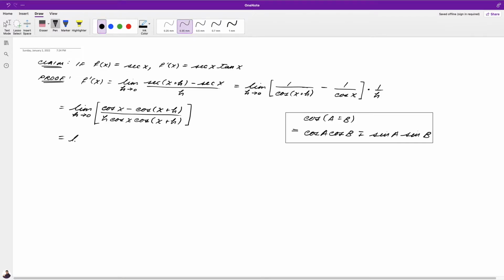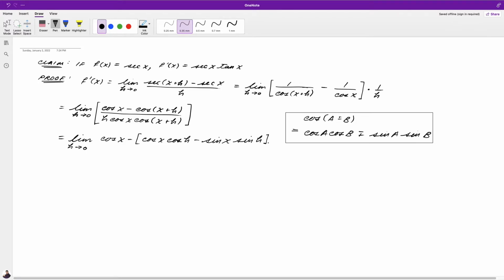So we're going to have the limit as h trends to 0. We're going to have cosine x, minus, now the quantity cosine x cosine h, and so minus, because if it's plus, it's minus, if it's minus, it's plus, minus sine x sine h.